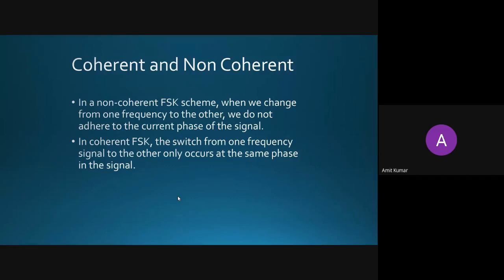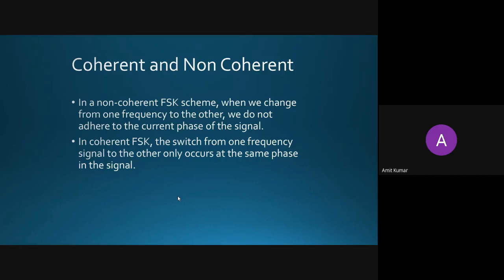So in non-coherent FSK, if your digital data is changing from 1 to 0, then your frequency is going to change. So what will happen if your frequency is going to change? Your signal can start from a different phase.